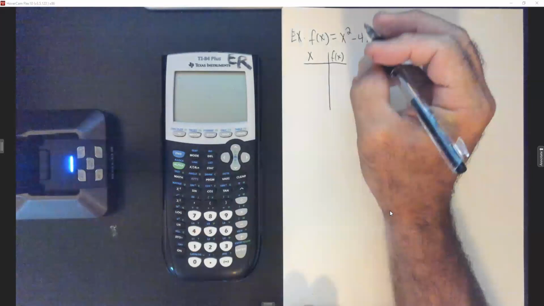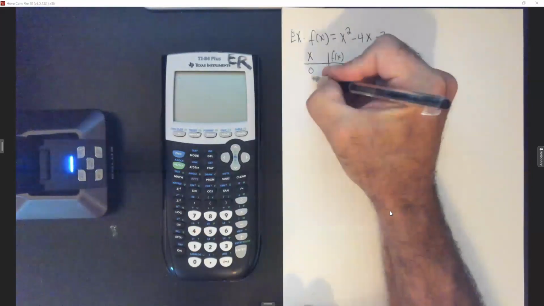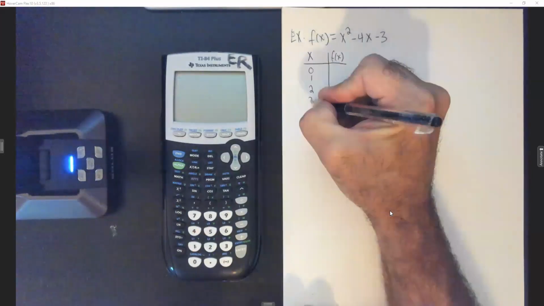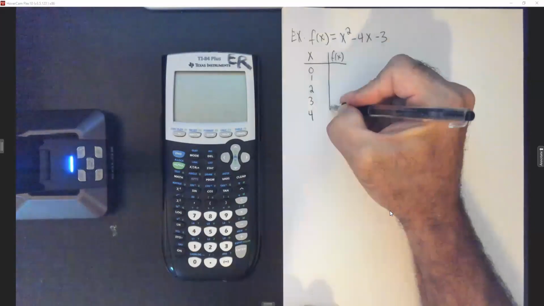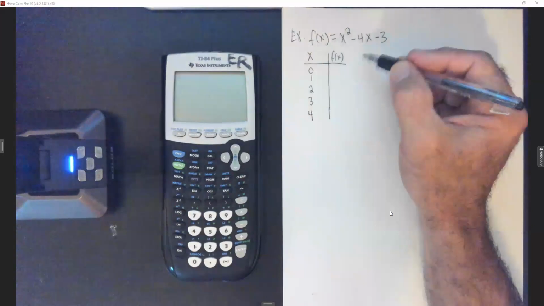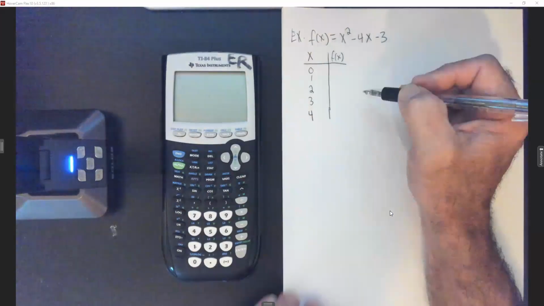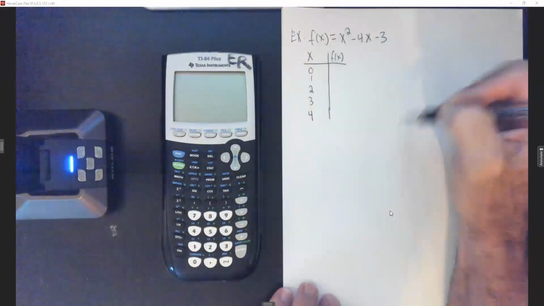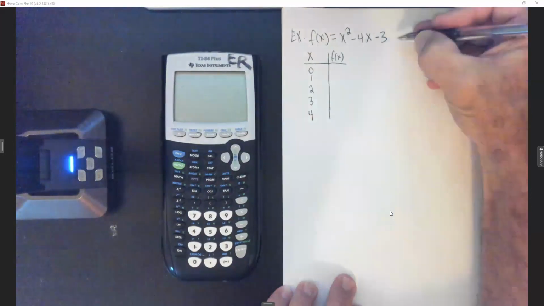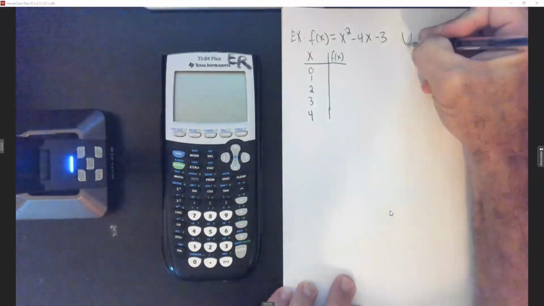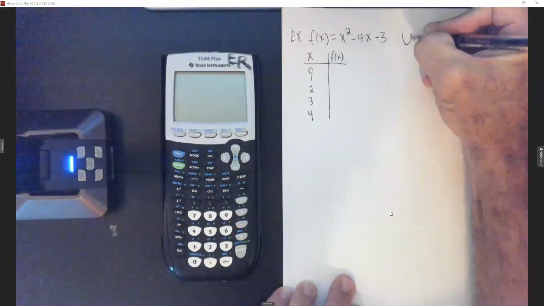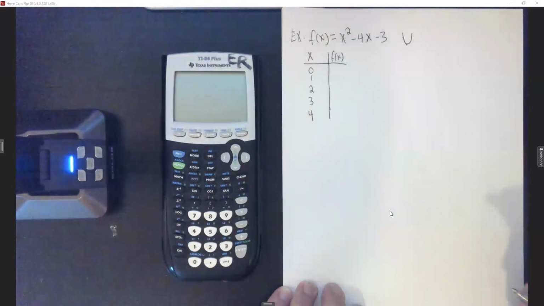It looks like 0, 1, 2, 3, and 4. So 5 x values again. I'm going to find 5 y values and then show you how I would graph this one. Since this has an x squared, we would use the 3-point quadratic tool for this one, okay?